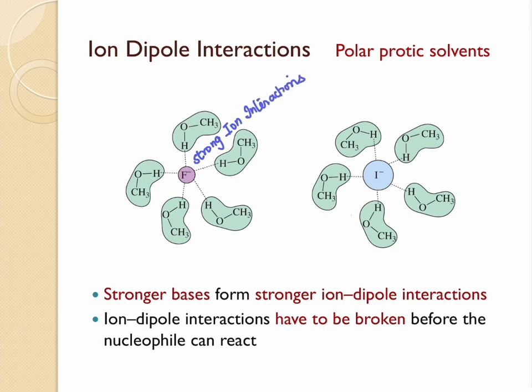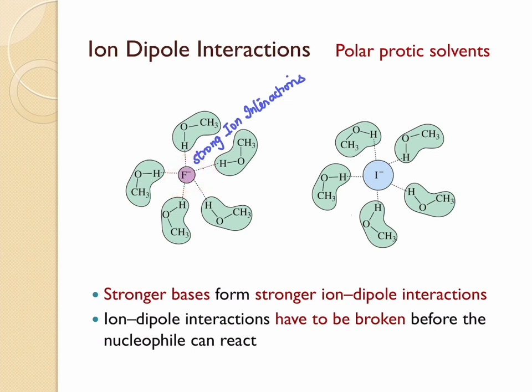Now look into this. You want this F minus to go and attack as a nucleophile. But if this F minus is trapped in a polar protic solvent through ion dipole interactions, then it is definitely not available. So in order for the nucleophilic substitution reaction to take place with this as the nucleophile, you have to break these ion dipole interactions.